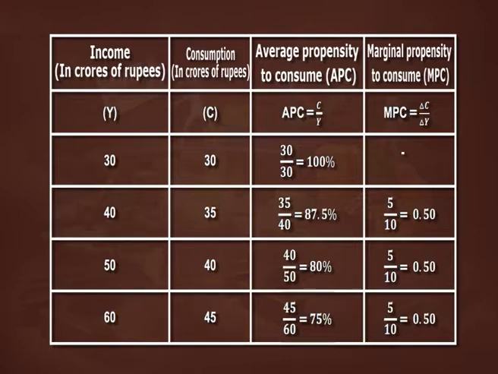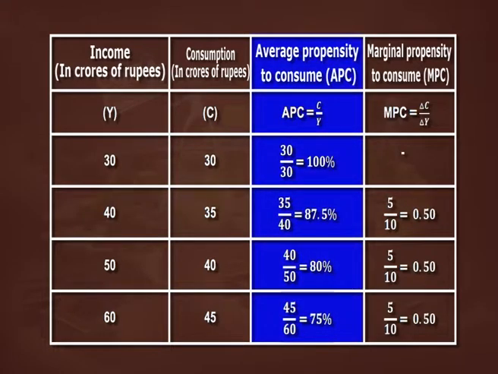In this table, while MPC remains constant at 0.5, APC is falling with the increase in income. It is noted that this is termed as the Keynesian consumption function and it is linear as MPC, which measures the slope of the consumption function curve, is constant.